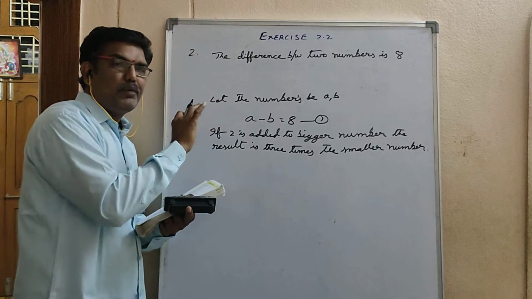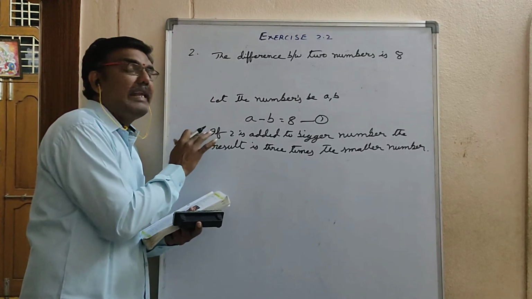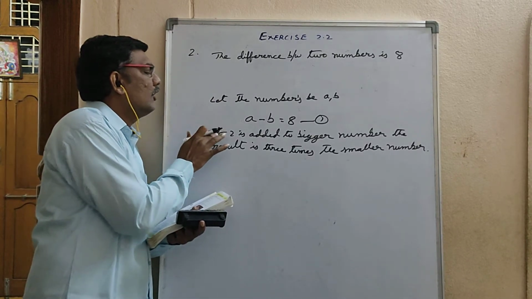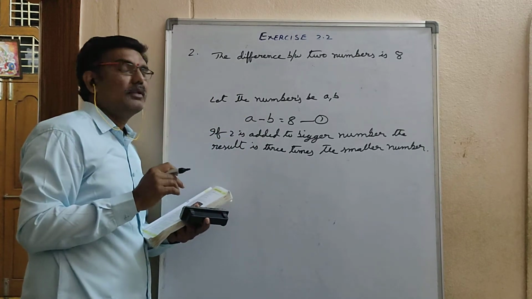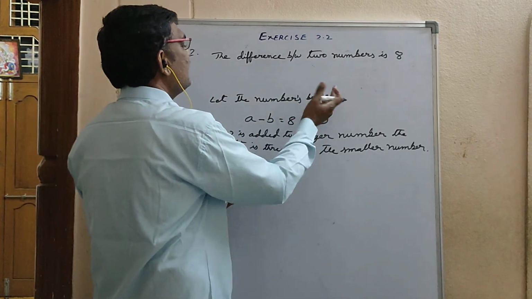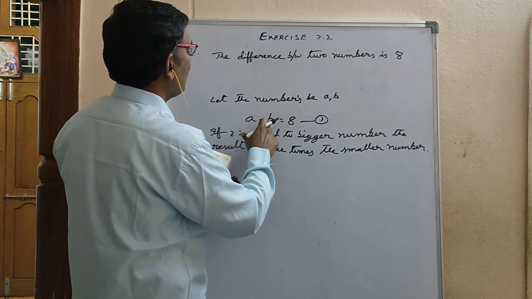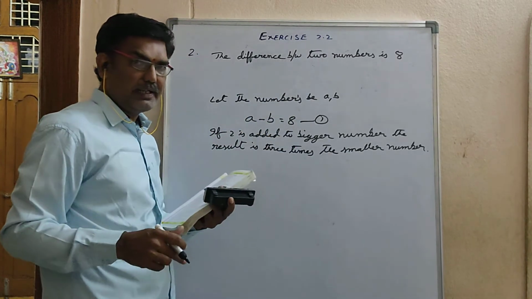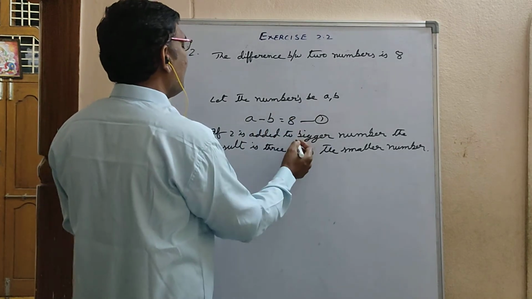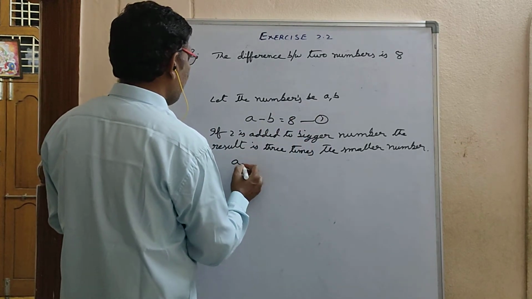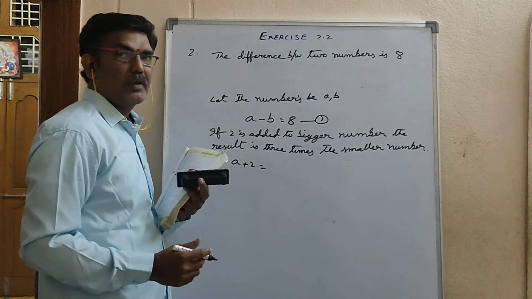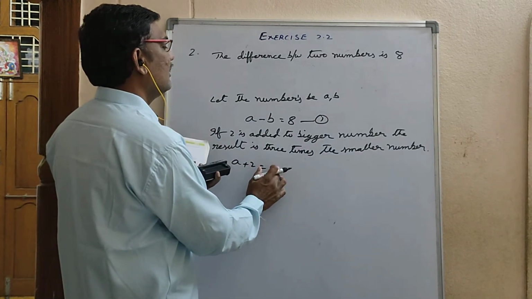So carefully you have to read the hint whatever he has given. 2 is added to the bigger number. In these two numbers, the bigger number is A. So from the bigger number, if you subtract the smaller number, you got difference as 8. So for the bigger number, you have to add 2, means A plus 2 only. Result means its answer.